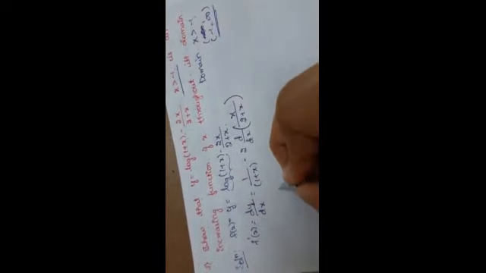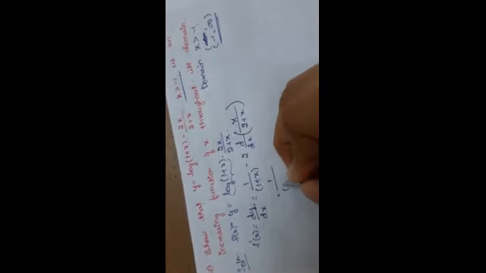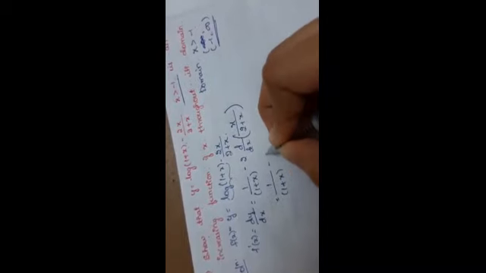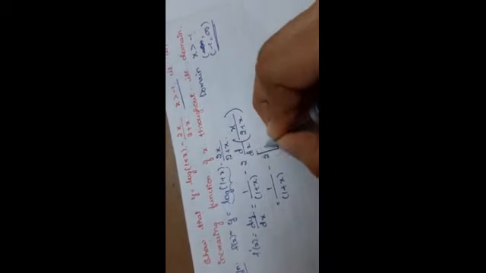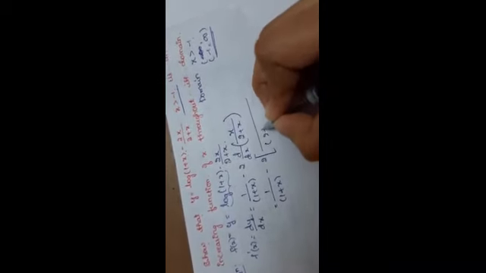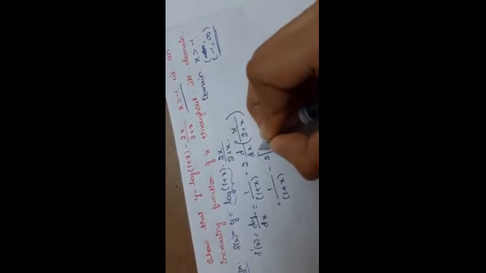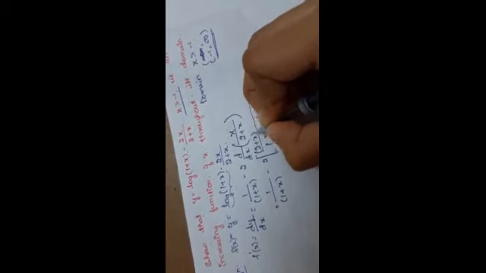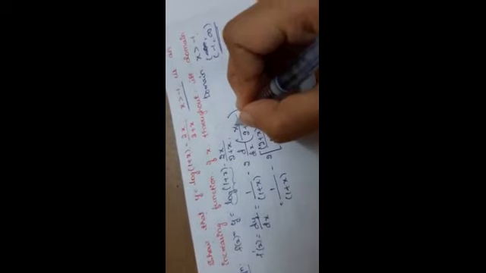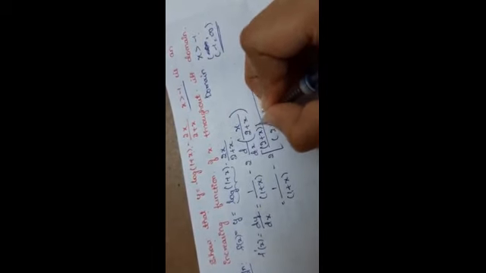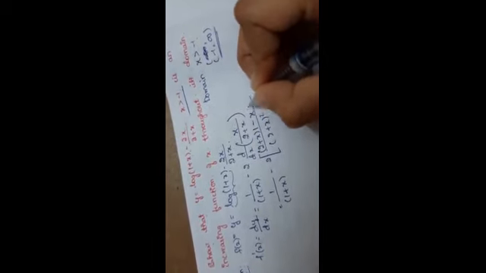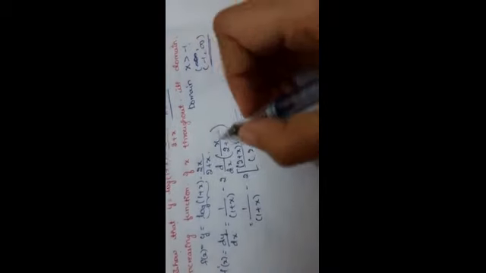We can differentiate this one by the quotient rule. So 1 divided by 1 plus x minus 2, using the quotient rule: second function into differentiation of the first function, differentiation of x with respect to x is 1, minus first function into differentiation of the second function.